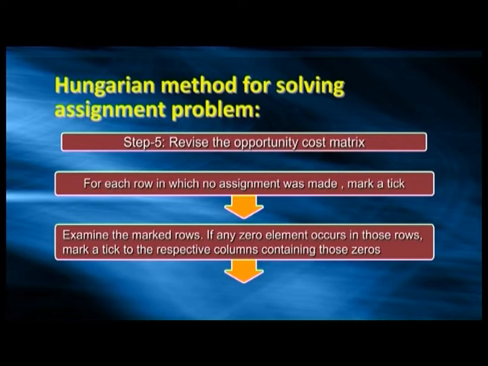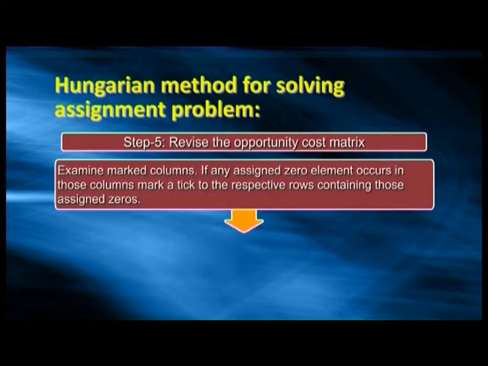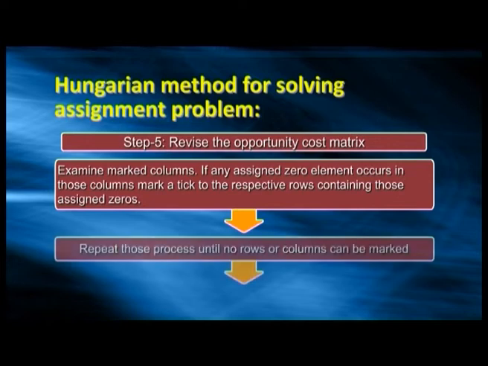If any 0 element occurs in these rows, mark a tick to the respective columns containing those zeros. Examine marked columns. If any assigned 0 element occurs in those columns, mark a tick to the respective rows containing those assigned zeros. Repeat those processes until no row or column can be marked.